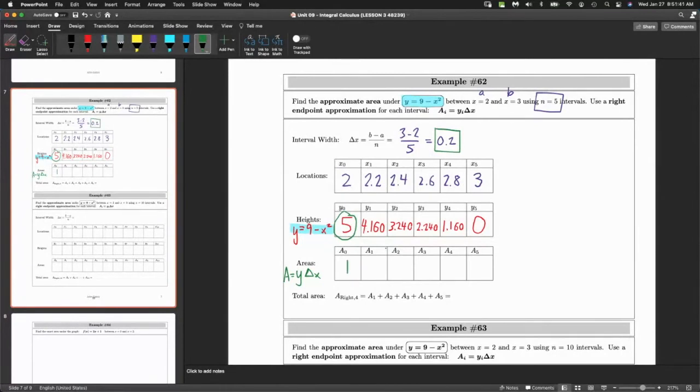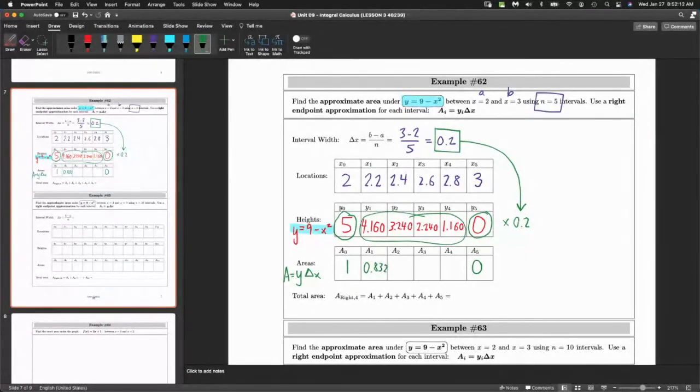So that's 1. I'll do this one as well because this one's pretty easy. It's 0. And then we can put some values in between here. We're going to take all these numbers and multiply them by 0.2. So if you take this one times 0.2, you get 0.832.